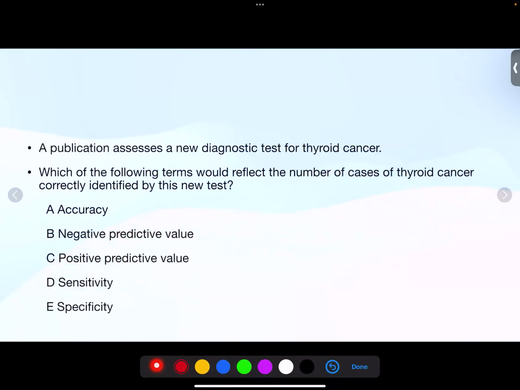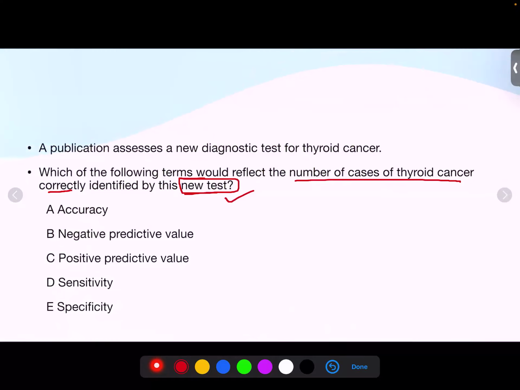I have only 3 questions. First: which of the following terms would reflect the number of cases of thyroid cancer correctly identified by this new test? Here you are testing a screening or diagnostic test, and you are checking the efficiency of that test.